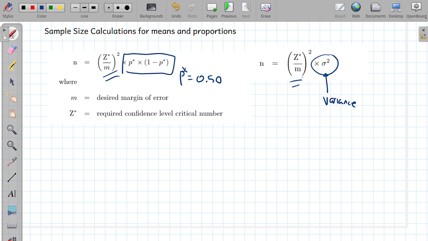If it's in proportions, it is. All right, let's do an example of this. So let's do proportion example first here. So let me move this around a little bit.